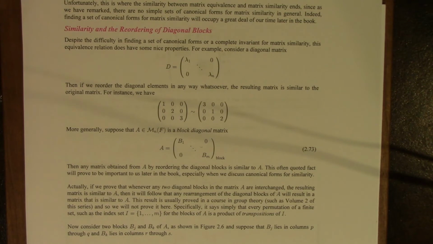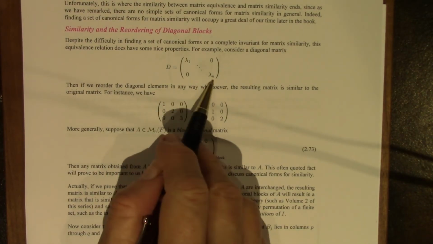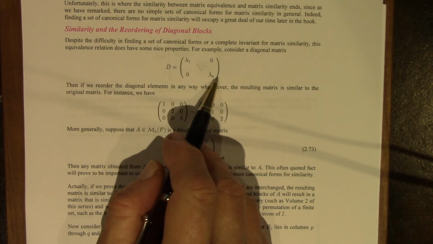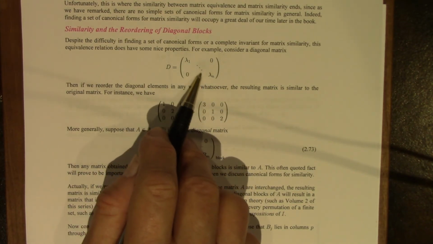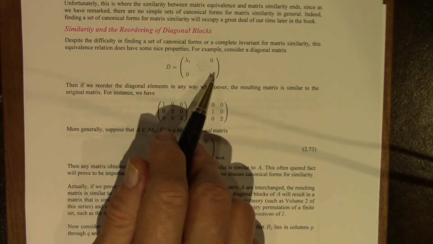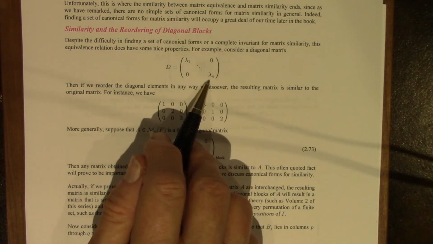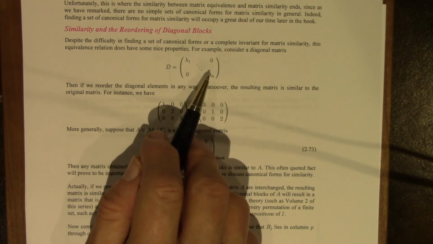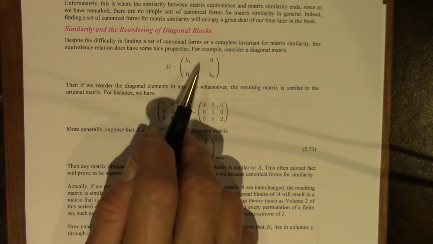Nevertheless, there is one item that is of what you might say constant but minor annoyance, and so this is a reasonable time to discuss it. Consider, for example, a diagonal matrix. If we reorder the entries on the diagonal in any way whatsoever, the resulting matrix will be similar to this matrix.